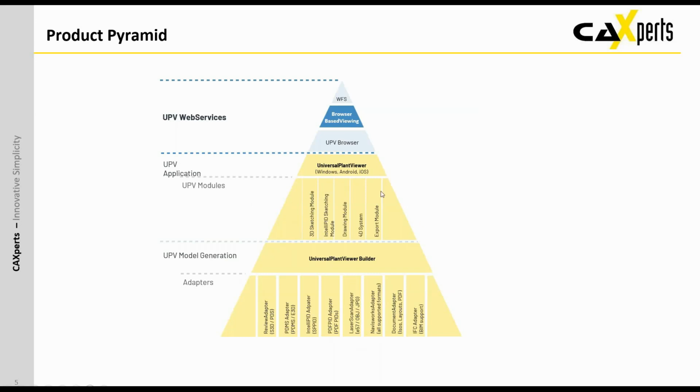I'm not going into the details here, that eventually end up with the model being viewable in the Universal Plan Viewer. And at the top of the pyramid, the UPV Web Services are located. You can also see in the pyramid the dependencies. The UPV browser is the base, browser-based viewing builds on top of the UPV browser, and the workflow system builds on top of the other two.